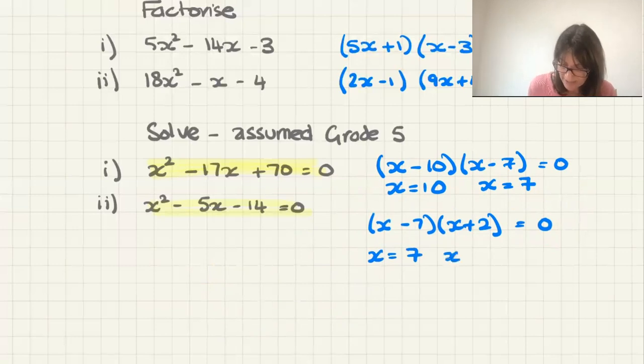And x is going to equal, and I need to be very careful here, it's not going to be 2 because 2 plus 2 is 4. It's not making me a 0. I need to put in minus 2. And that is true of this type of question. When you don't have a number in front of the x, when it's just a plain old simple x, I can take the number and just use the opposite sign.